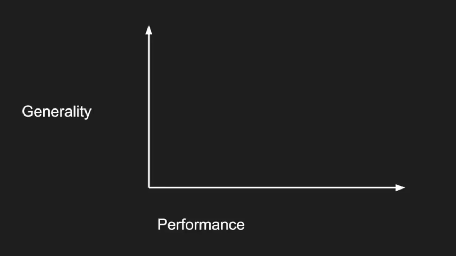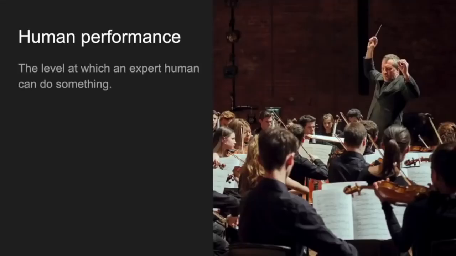Although we haven't defined it quantitatively for human performance, what I would like to propose is that human performance is the level at which a human expert can do something. This can be measured in lots of different ways. It can be error rates, or the time required to execute a task, the time required to learn a task, the number of demonstrations required before one learns a task, the amount of energy expended when one performs a task, the subjective judgment of performance from a panel of human judges, the speed that someone does something.